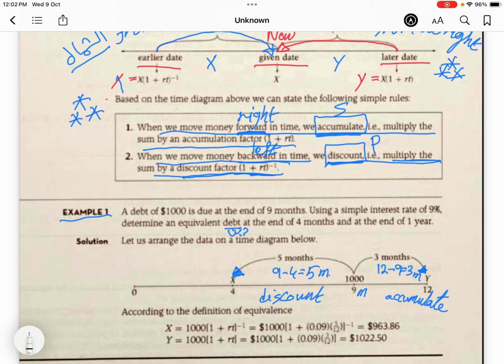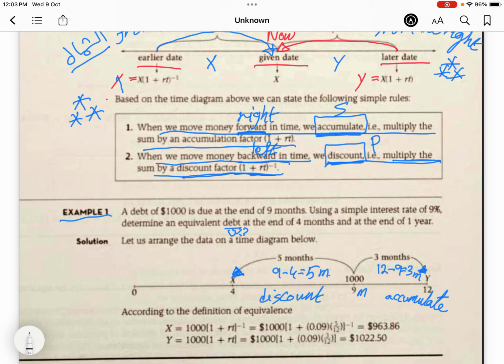Using a simple interest rate of 9%, determine an equivalent debt at the end of 4 months and at the end of 1 year.